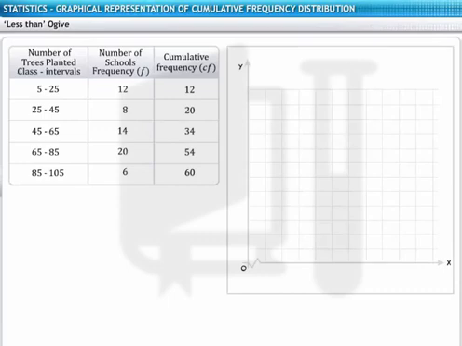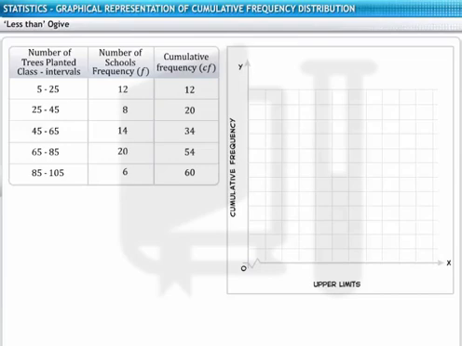To draw a less than type ogive, we'll plot the upper class limits of the data on the x-axis and their corresponding cumulative frequencies on the y-axis. We'll label the x-axis as upper limits of data or simply as upper limits. Next, label the y-axis as cumulative frequency.